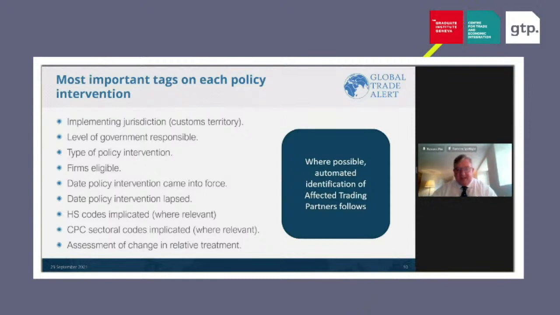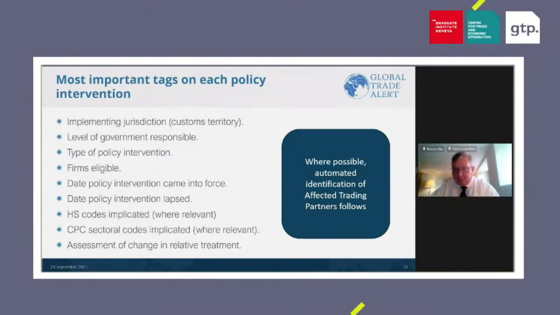Now, using the underlying trade flow data, flows in FDI or flows in migration, it's also possible to identify who the affected trading partners are. Let me give you an example to highlight this, because this is actually one of the important features of our work. Suppose Switzerland were to raise the tariff on butter on an MFN basis.